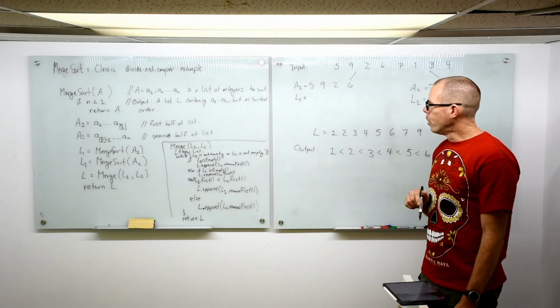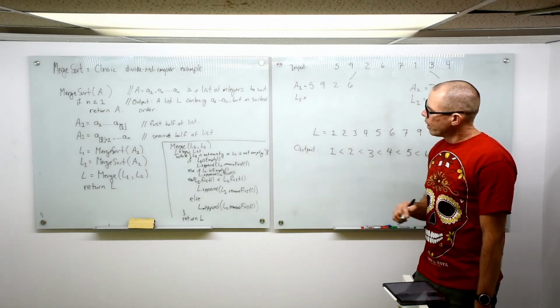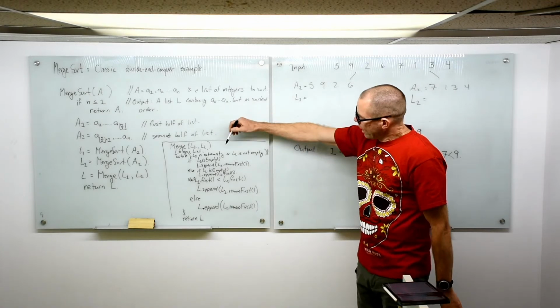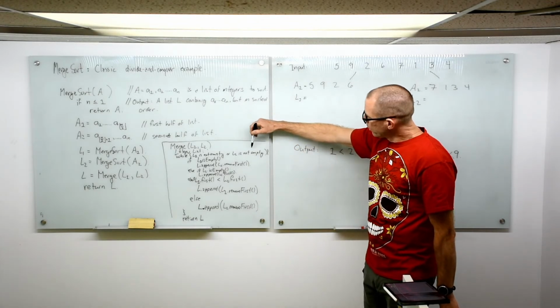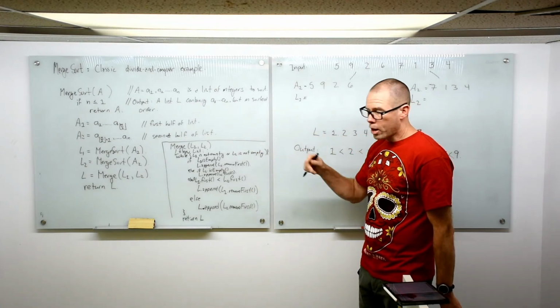Can I read out the code, please? Sure. To merge L1 and L2, I first create a new list L. And while L1 is not empty, or L2 is not empty, I execute an if statement that has 4 clauses.